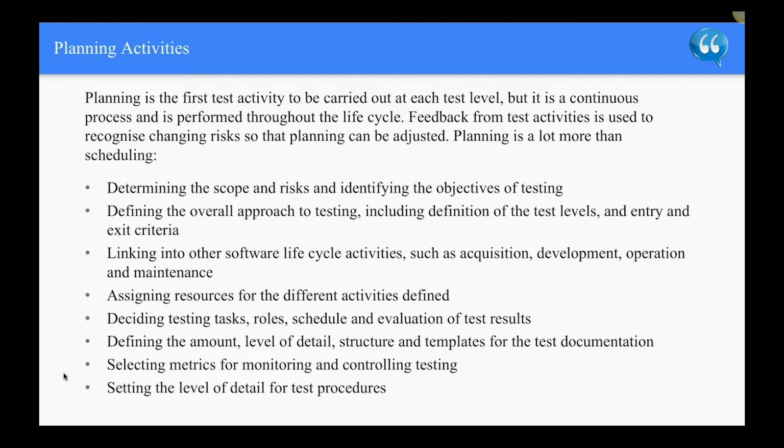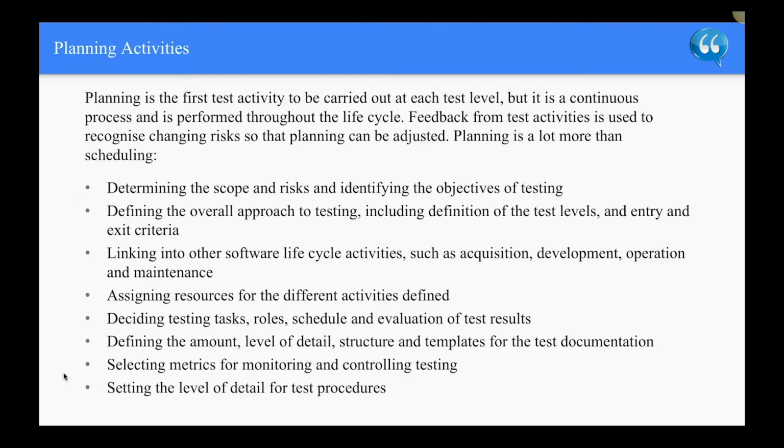Test planning and estimation is a breakdown of the planning and control phase of the fundamental test process discussed in chapter 1, section 1. It outlines the purpose of test planning within development and implementation projects and maintenance activities. Test planning is a continuous activity performed in all life cycle processes and activities.